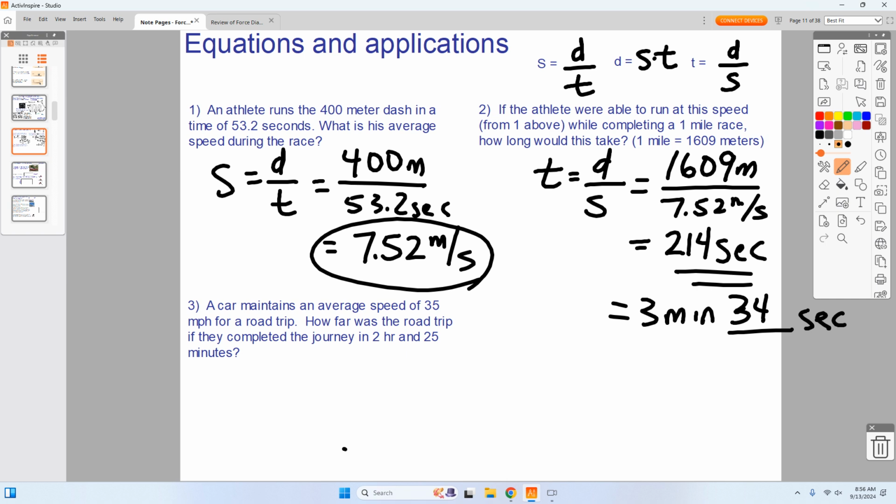All right, a car maintains an average speed 35 miles per hour, MPH, for a road trip. How far was that road trip if they completed the journey in 2 hours, 25 minutes? So it's our last kind of problem here. The speed is 35 miles per hour. The time is 2 hours, 25 minutes.